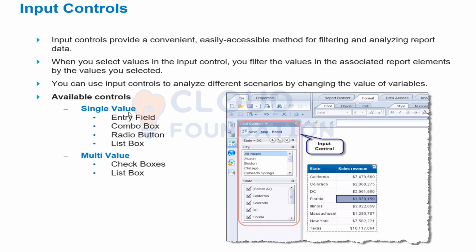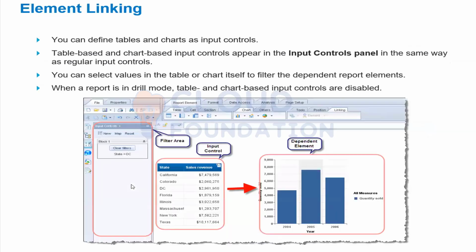And if we want multi-value selections, check boxes or list box are the options for this input control. If you see here, for this block, state and city are given as input controls. State is also one of the input controls, so we can control in that way.